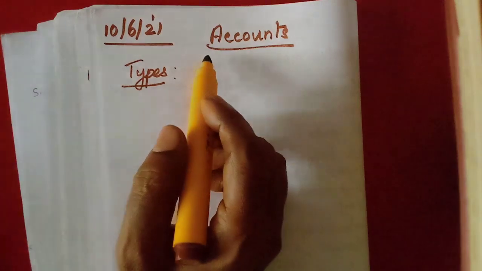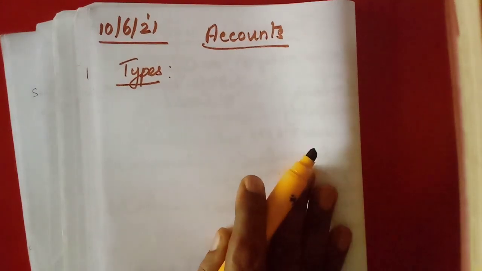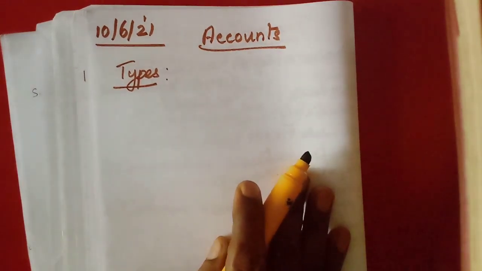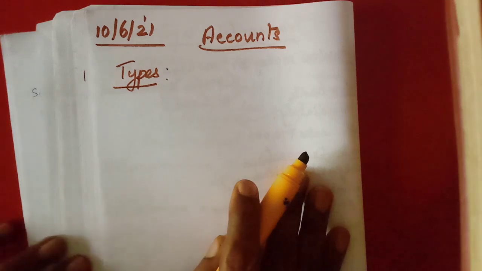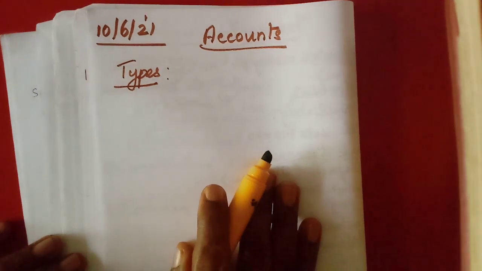Before that, you should know there are two approaches in preparing the journal entries, and two approaches in the classification of accounts also. The two approaches are the accounting equation approach and the traditional approach.